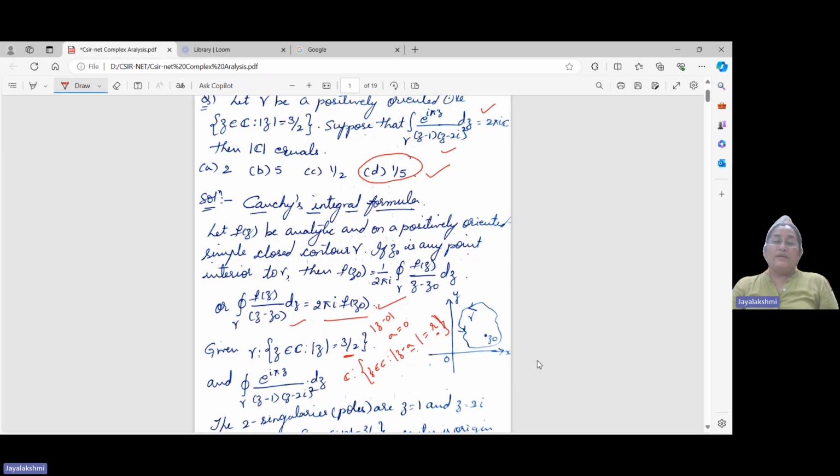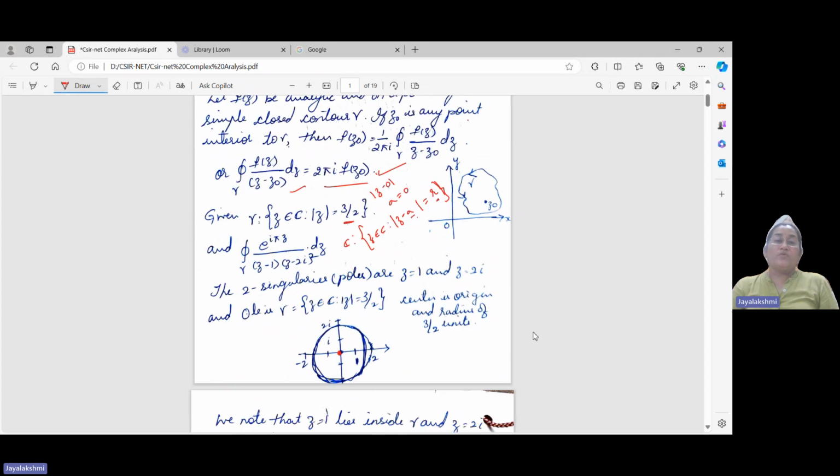To find the singularities, we equate the denominator to 0. The moment we equate the denominator to 0, one can easily see that the values of z obtained are z equals 1 and z equals 2i. So here we get a pole of order 1 and a pole of order 2.